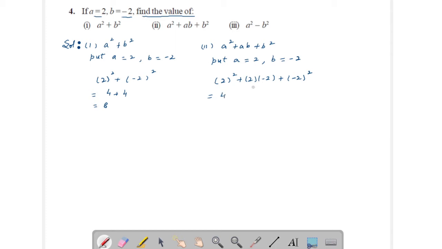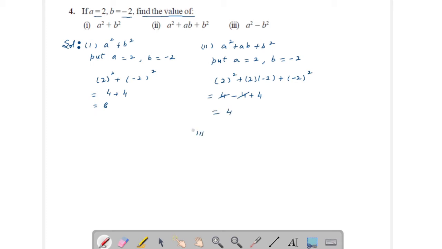Here 2 into minus 2, it is minus 4, plus minus 2 square, it is minus 2 into minus 2, it is 4. Here 4 minus 4 will be cancelled. What is left? It is 4.